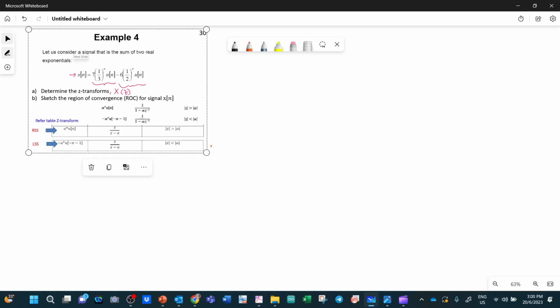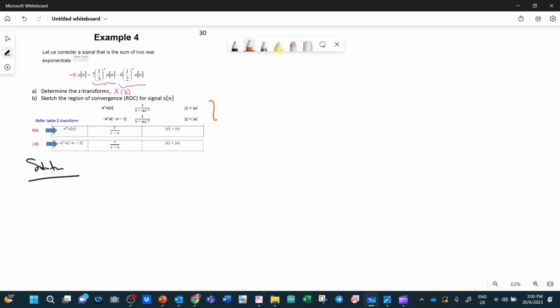So for this example, we are going to do it by inspection, or by directly looking at the Z transform table. From the Z transform table, we can write the equation again.